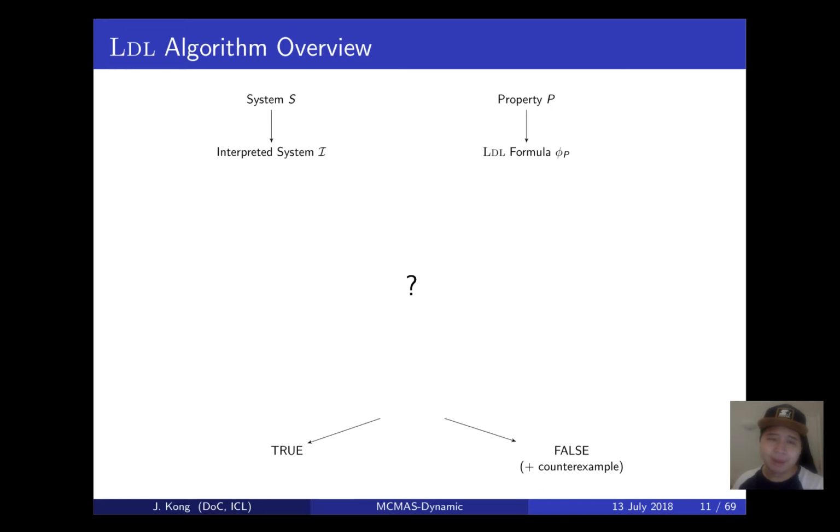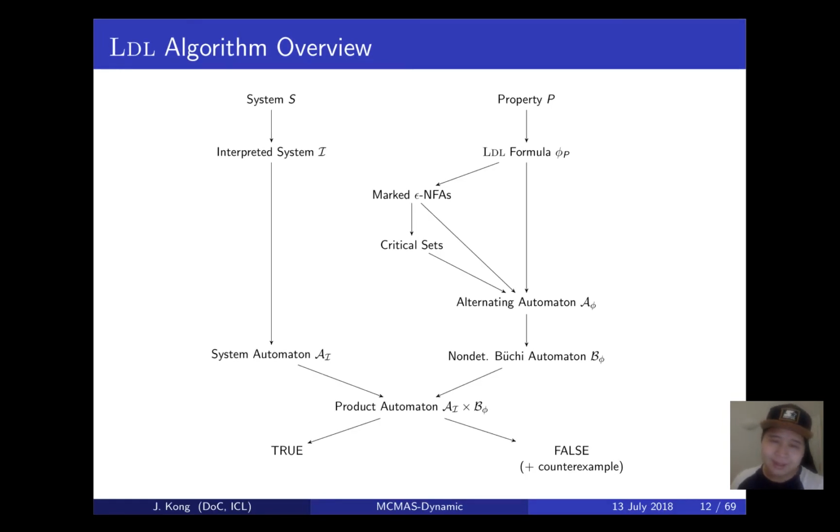For my algorithm for LDL, I'm using the formalism of interpreted systems, which is fairly commonly used to model multi-agent systems, and the specification language I'll be specifying properties in is LDL. And so I'll be using a series of transformations on both the interpreted system as well as the LDL formula to get it into a state where I can verify that the formula is true or prove it to be false and generate a counterexample.